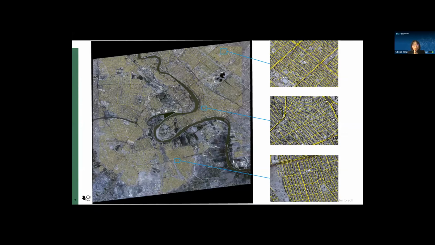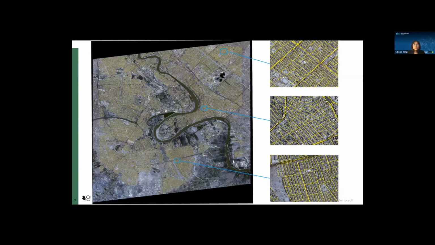So we are pretty happy with what we can achieve, given the data quality, the roads, the buildings, the objects we extract. The accuracy we are getting is close to 90. Then we started to think, what does GeoAI mean beyond just producing data sets? And what is the next thing GeoAI can do in our daily life and make a significant impact?